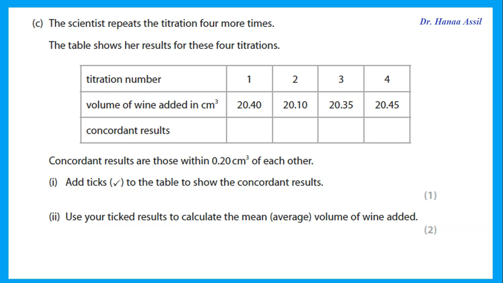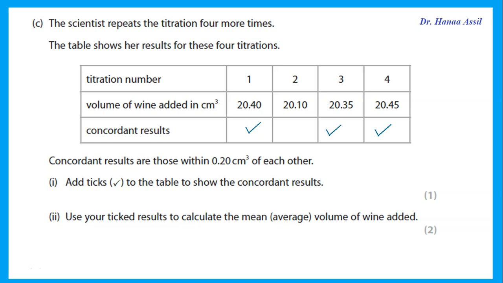So which of these results are concordant? Can you see which ones? We have results that came out 20.4, 20.1, 20.35, 20.45. The ones that are within 0.2 of each other are these. The difference between them is not more than 0.2.